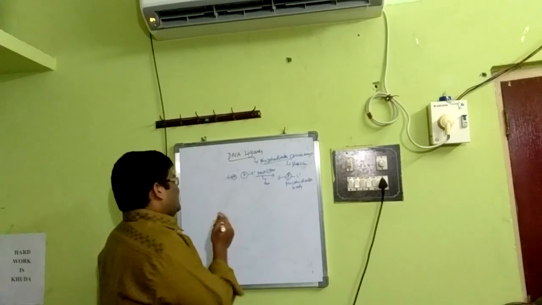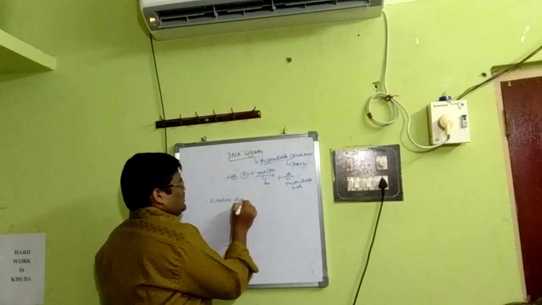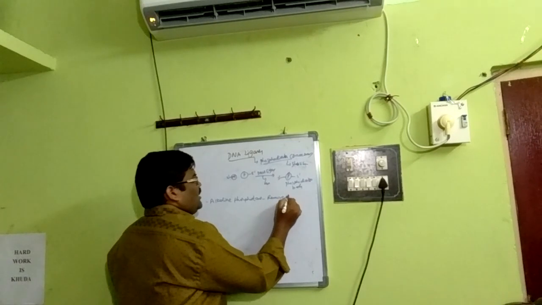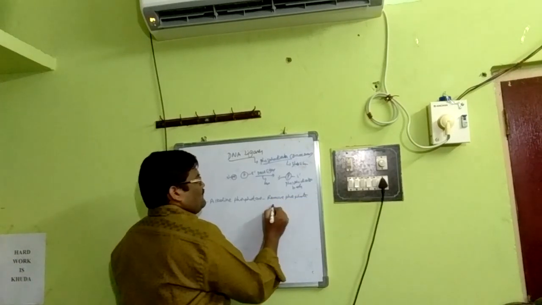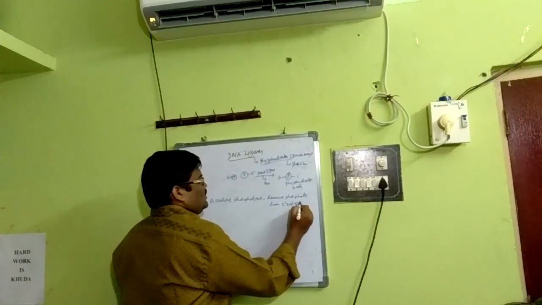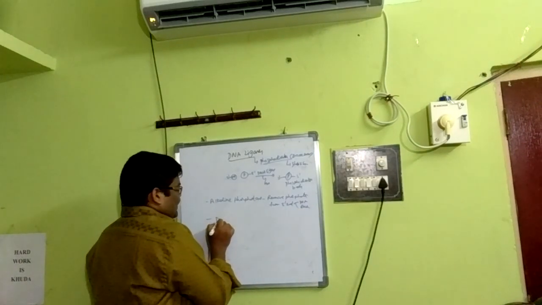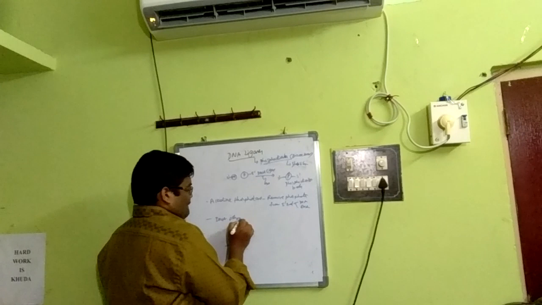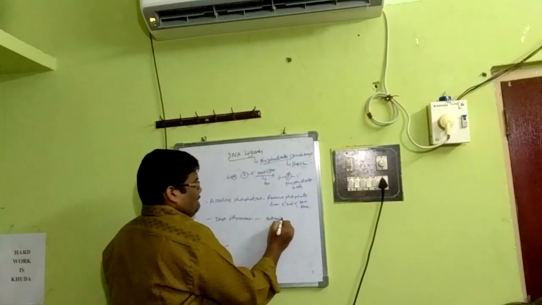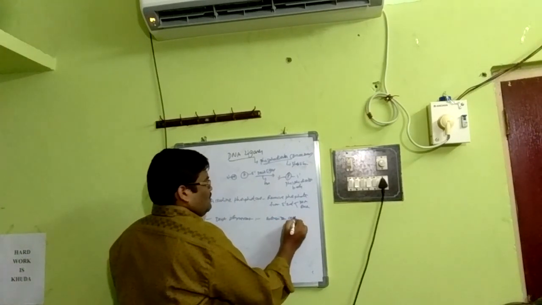Apart from these, we have other enzymes like alkaline phosphatase, which removes the phosphate group from 5 prime ends in both DNA and RNA. We have DNA polymerase I, which synthesizes DNA based on complementarity.